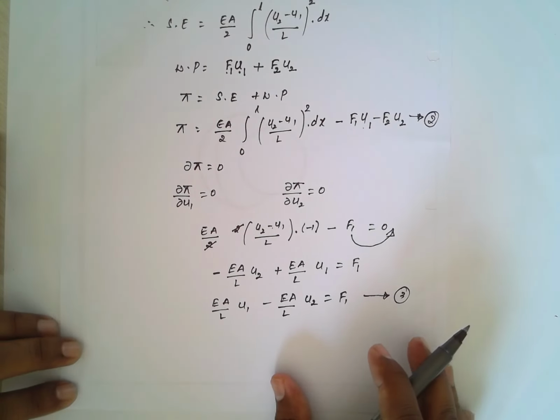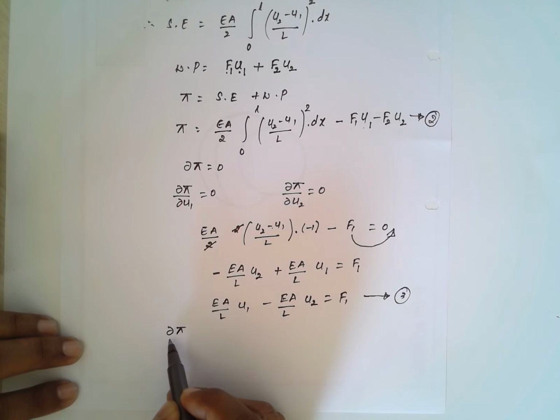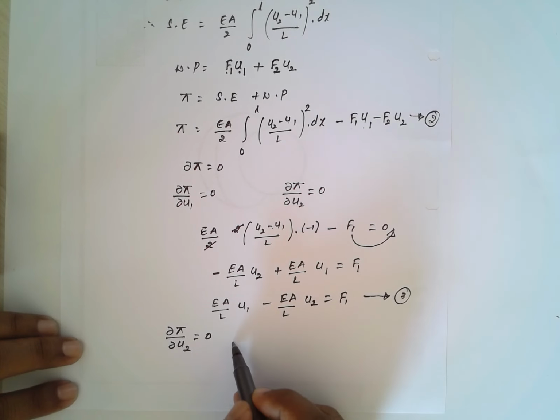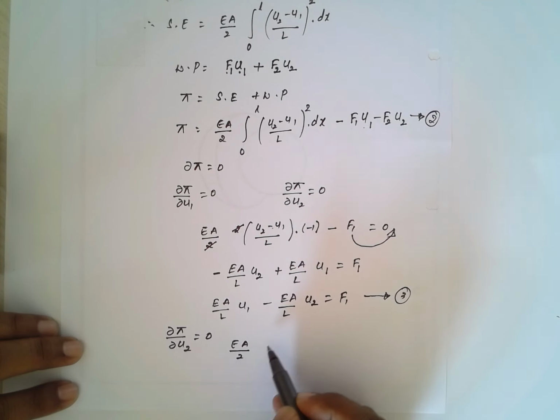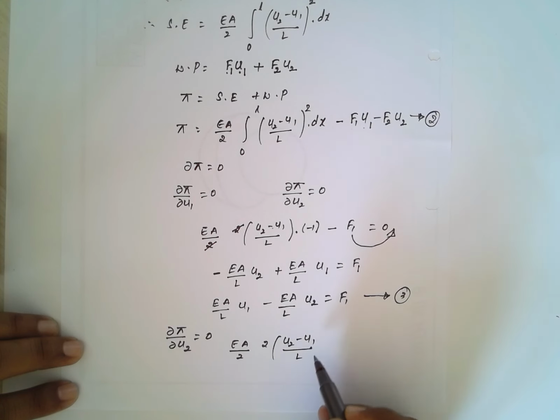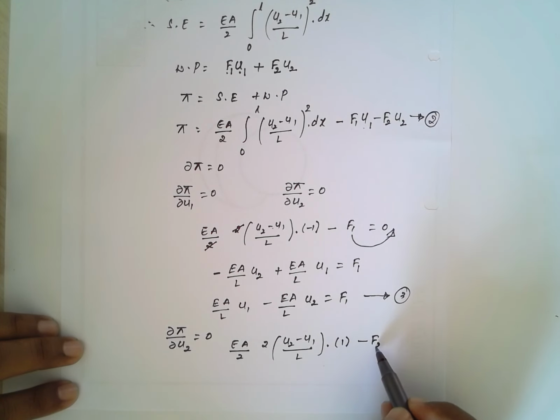Now in a similar fashion, you can differentiate the same equation with respect to u2 and equate it to 0. Again we will obtain EA by 2 into (u2 minus u1) divided by L. Now we are differentiating with respect to u2. The coefficient of u2 is 1, minus F2, equated to 0.